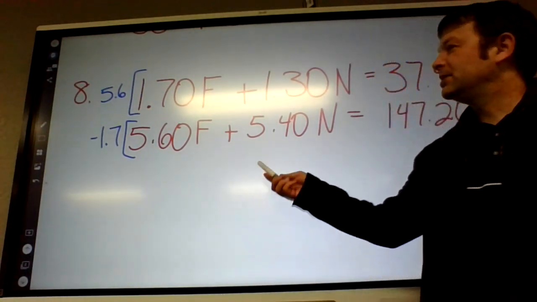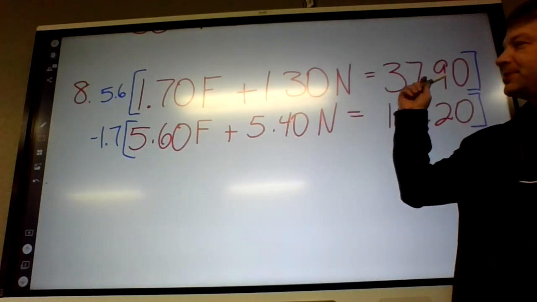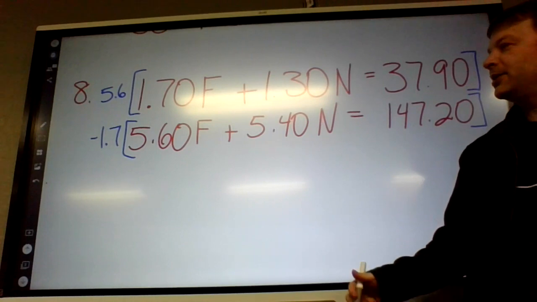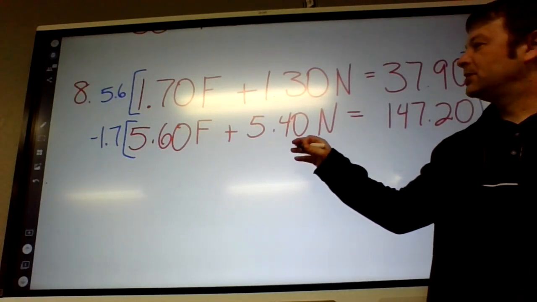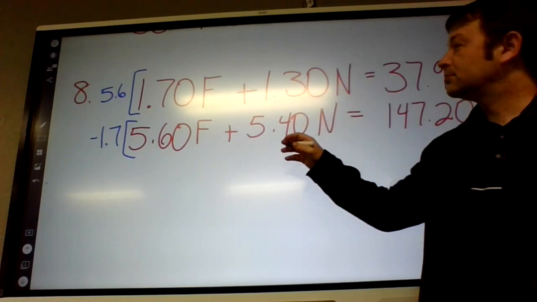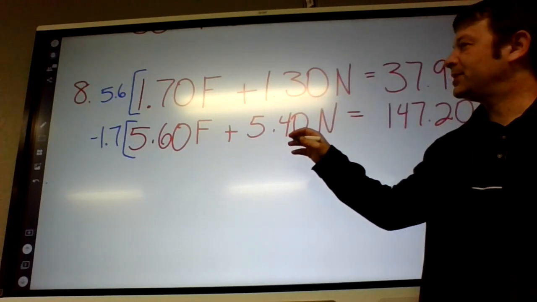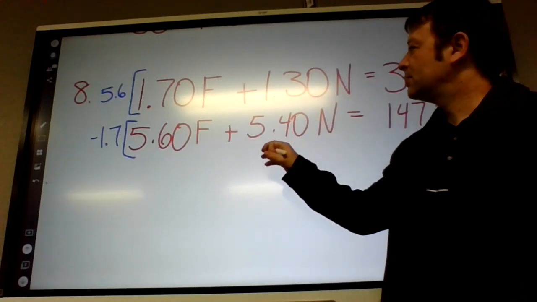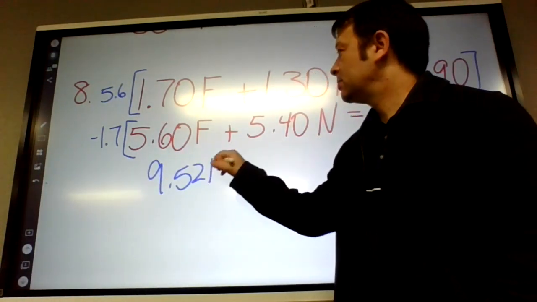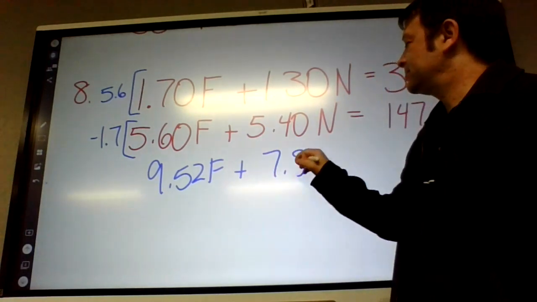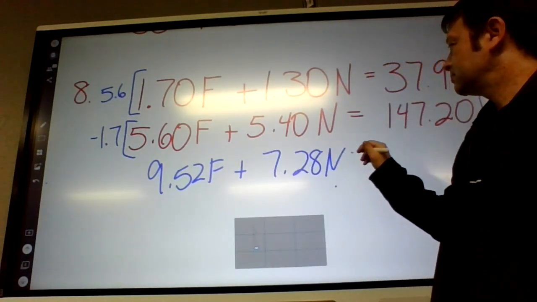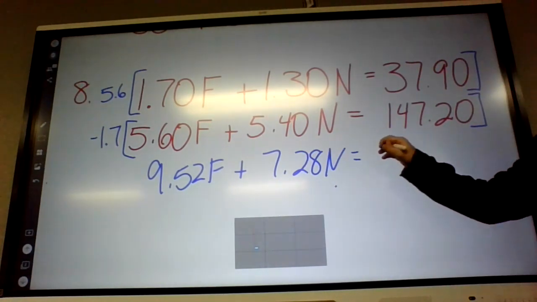That'll help. So 5.6 times the top line. All right, Hank, what'd you get? Not the answer, I just want the multiply part. It'd be 9.52 F plus 7.28 N equals 212.24.